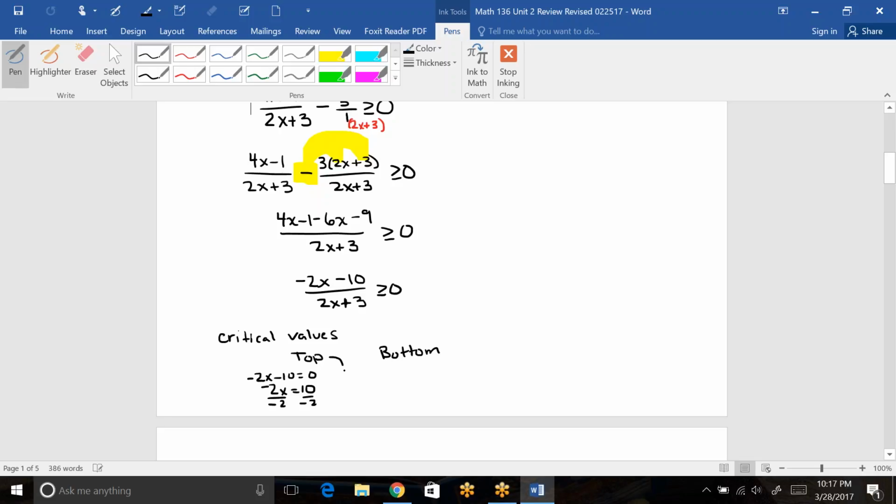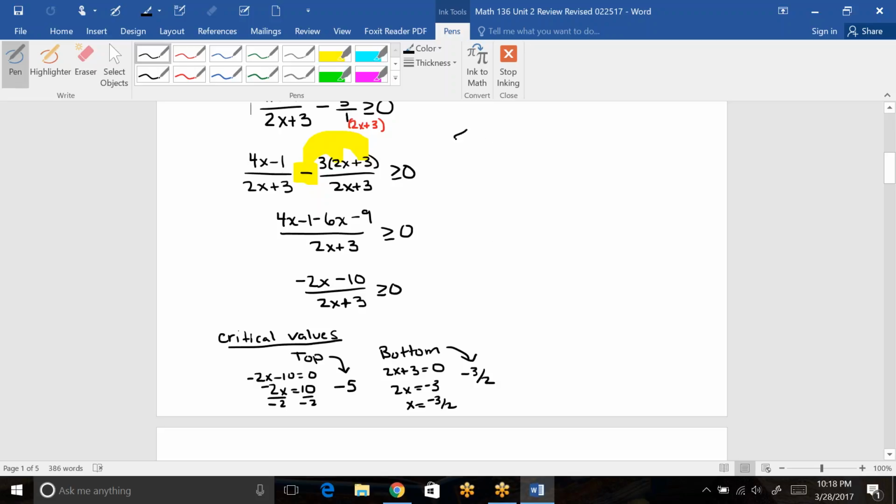So it looks like my top value of concern is negative 5. For the bottom, I would set 2x plus 3 equal to 0. Subtract over 3, divide by 2. So the bottom number has a critical value of negative 3/2.